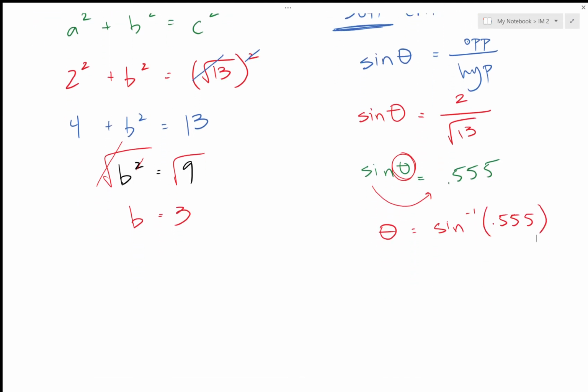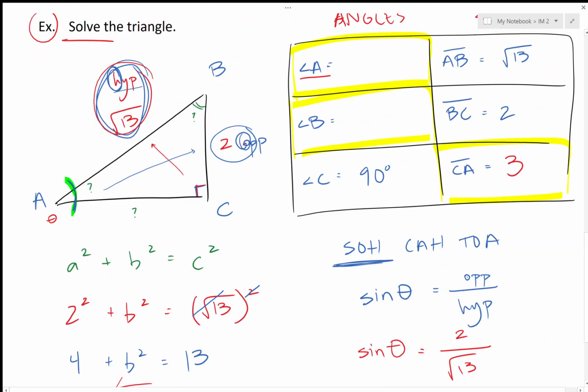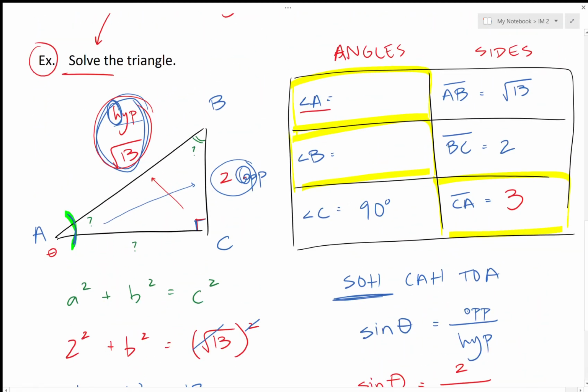And now we've got to be careful. On your calculator, you have to shift or second, and use the inverse sine button. And in the end, once you press that in on your calculator, you're going to get that theta is, oh, there it is, 33.7 degrees. So 33.7 degrees is theta. So I'm going to put that back in the table. We were working on angle A, so that's what angle A is, 33.7 degrees.